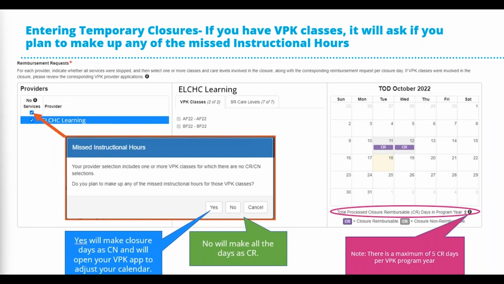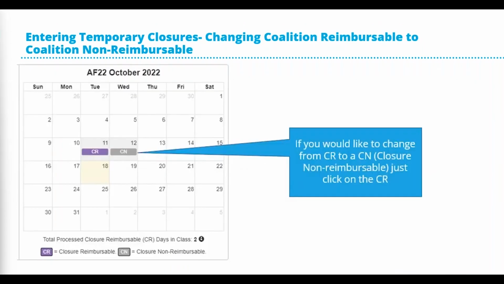If you click the no, you'll have a closure and receive payment. Keep in mind that you can only get 5 reimbursable days through the VPK program. If it only affects one classroom, make sure you only select the one classroom.